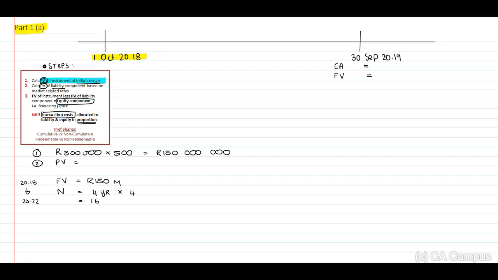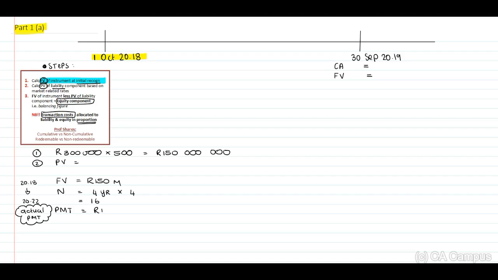Now, important guys, this is the actual payment. Remember, this is the actual cash flow which is linked to this specific transaction. You with me?